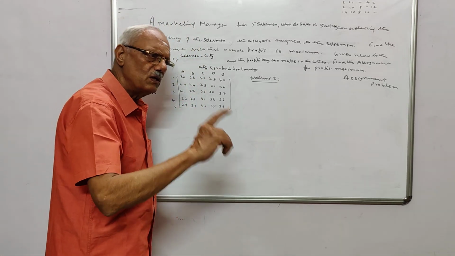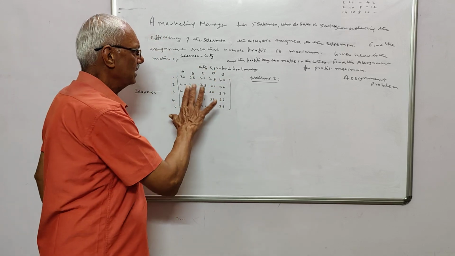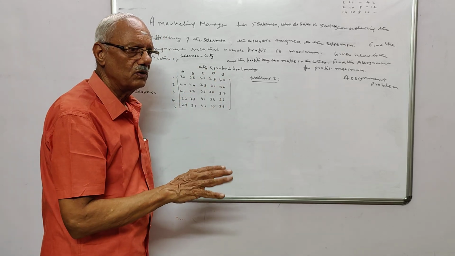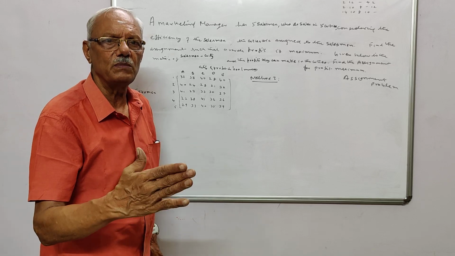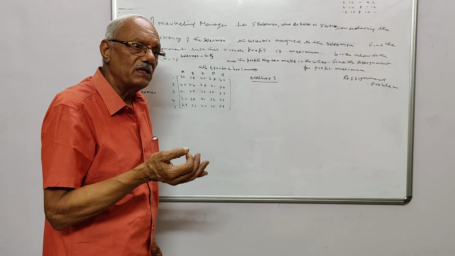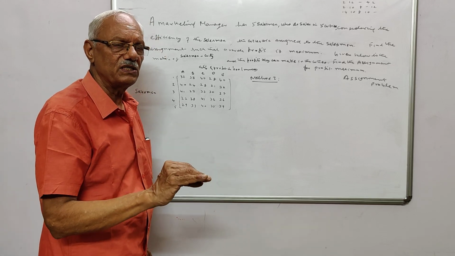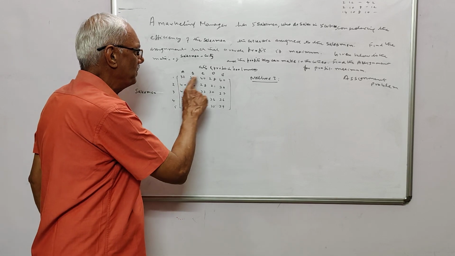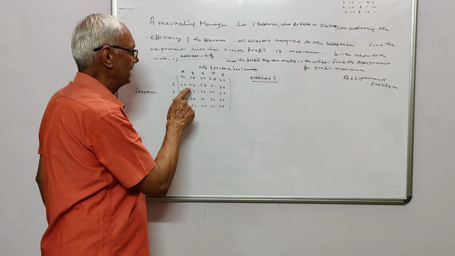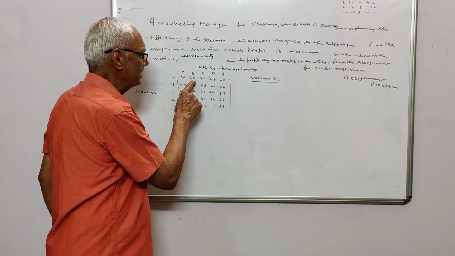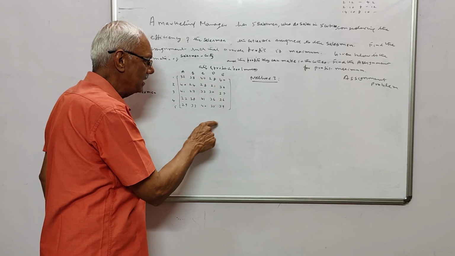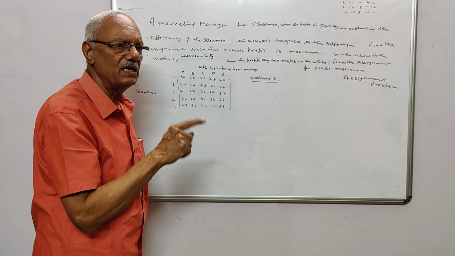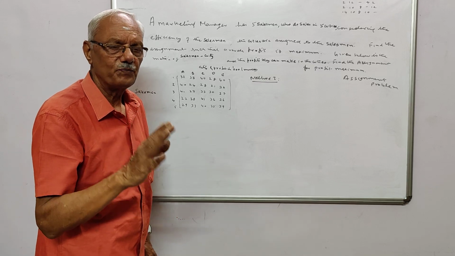Normally, since this is a maximization problem, you have to convert it to a minimization problem. The method of converting it is to multiply everything by a minus sign. That means minus 32, minus 38, minus 40. Like that, multiply every element in the matrix by minus.